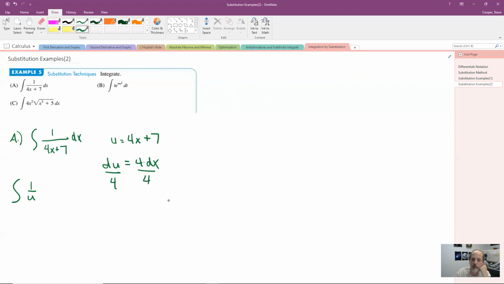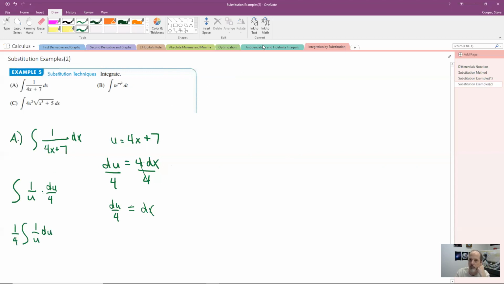If I divide both sides by 4, then I can see that du over 4 equals dx. So for dx, I can put du over 4. Okay, so let's just bring that constant 1 over 4 out front and make this 1 over u du.